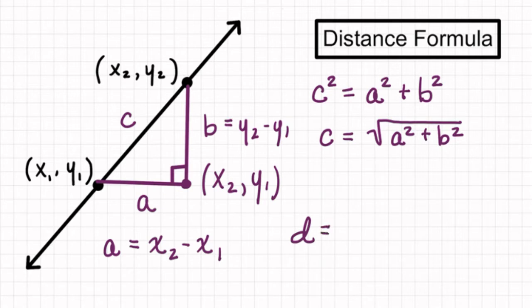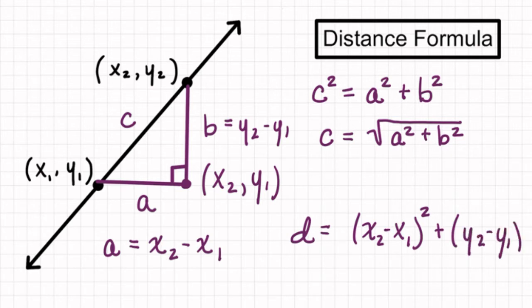We can say now that if we take the difference between x2 and x1, that is our length a, and we square it, and we add it to the difference between y2 and y1, that's our b, that's our vertical distance, and we take the square root of that, we actually get the distance between our two original points. So that's where the distance formula comes from.